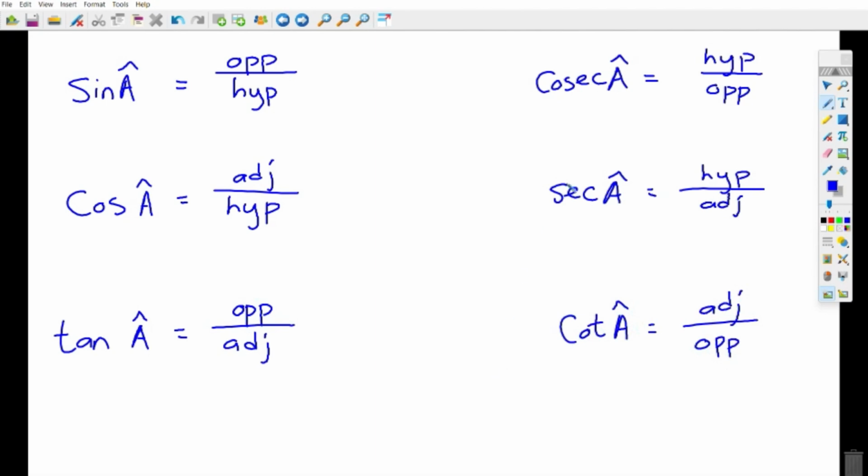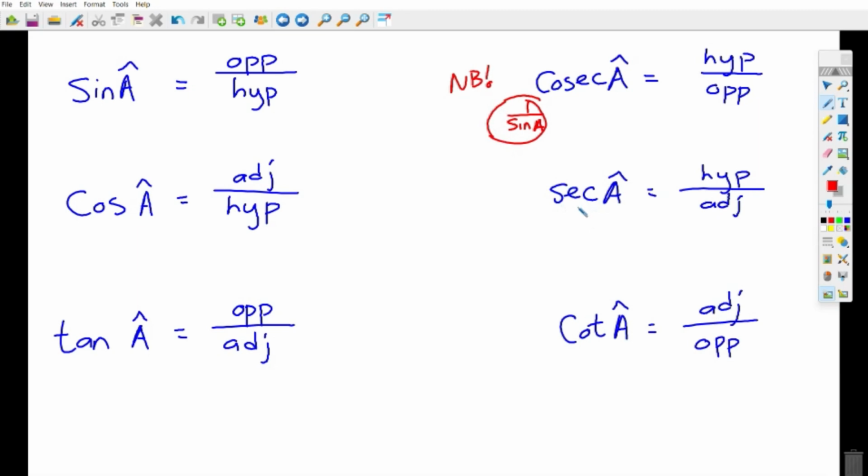And then just one quick thing to note. What is a different way I could write cosec if it's the reciprocal of sine? 1 over sine of A. Very good. Just to note, NB, just for you guys to know.